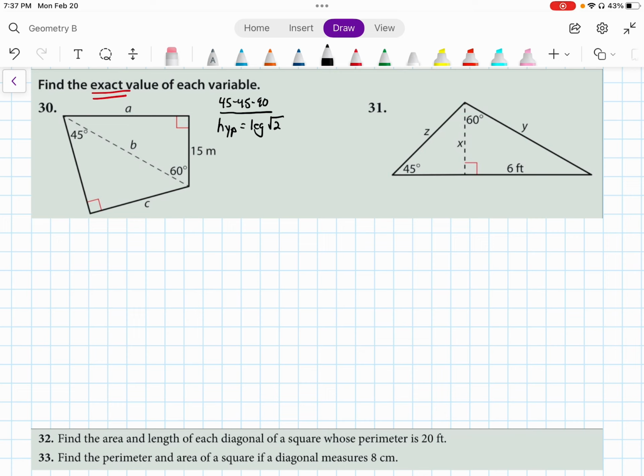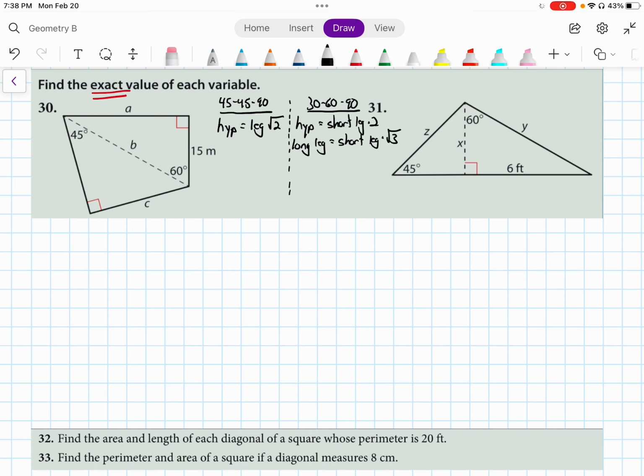And then for a 30, 60, 90, we learned that the hypotenuse equals the short leg times 2, and the long leg equals the short leg times the square root of 3.